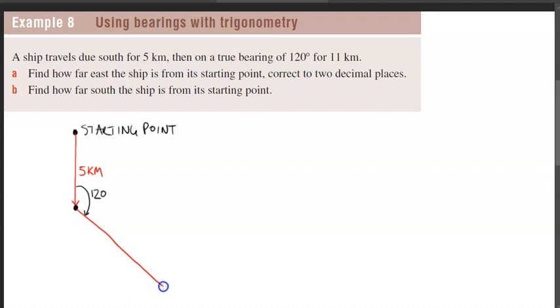So about there. And this right here is 11 kilometers. Alright, so now our ship has its ending point right here. Alright, so this is the best diagram that we can draw.